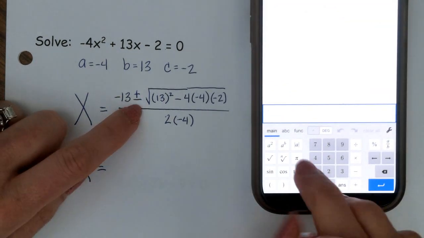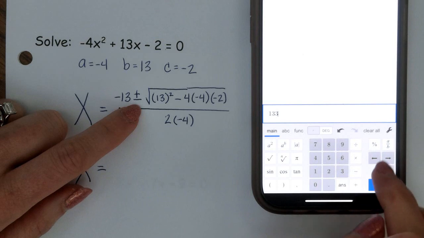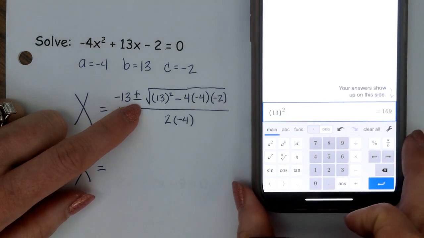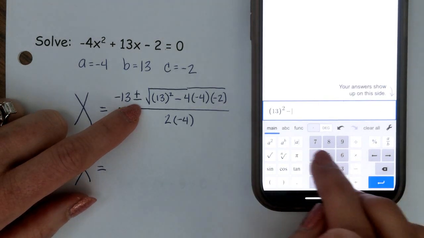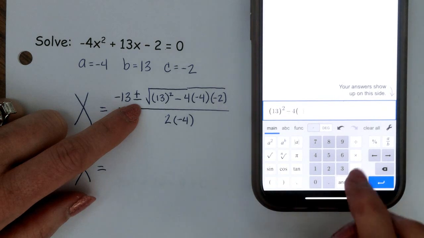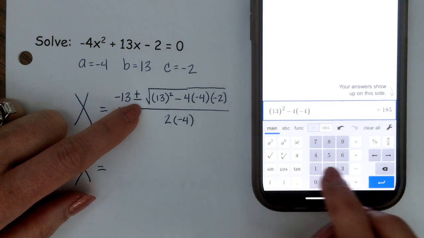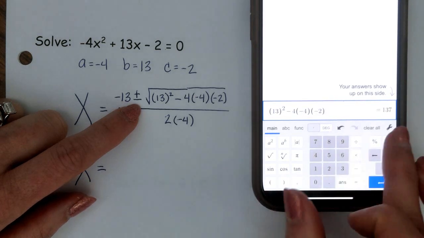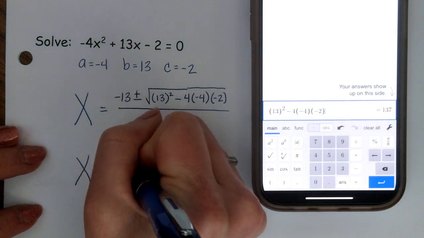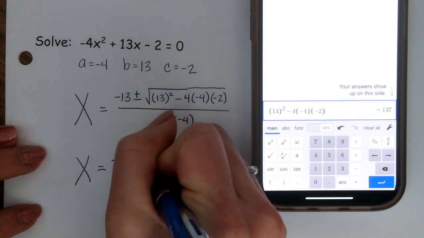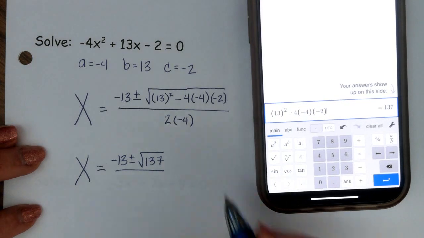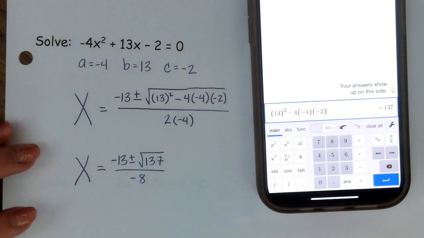So you are going to take 13, not 23, 13 squared minus 4 times negative 4 times negative 2. So I'm going to rewrite the square root of 137, and then I can do 2 times negative 4 in my head, which is negative 8.